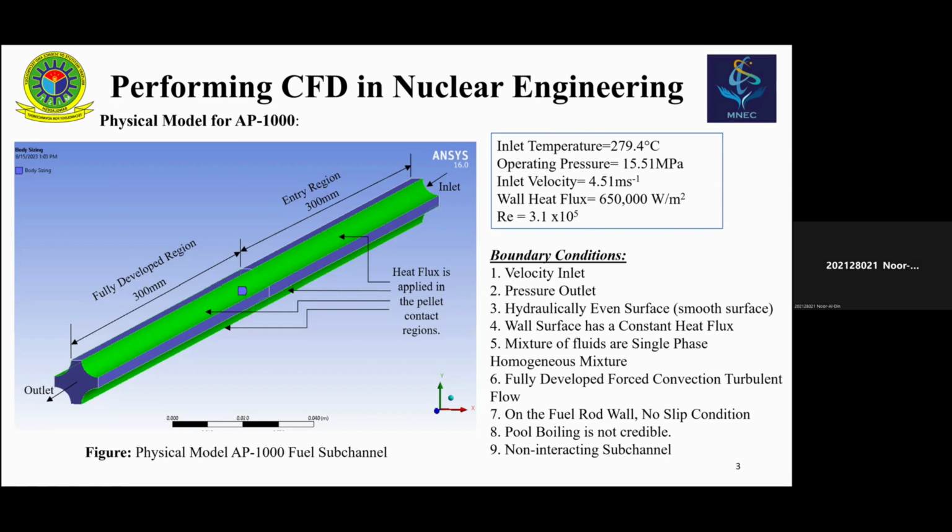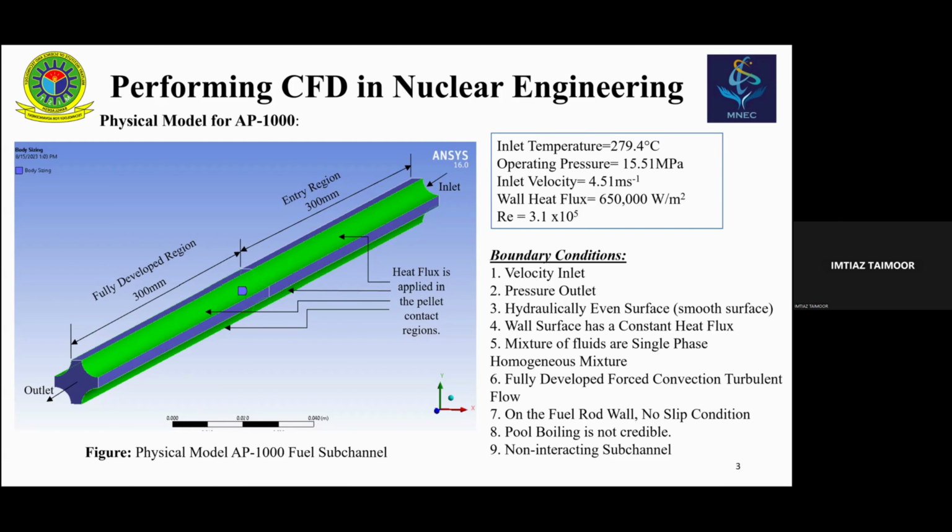Sir, can you please repeat? So can you please repeat your question? Okay, my question is that if you see a commercial AP1000 reactor, in that reactor the fuel subchannel length is 3.58 meter.